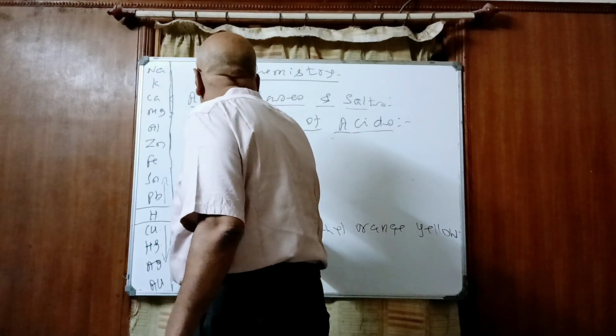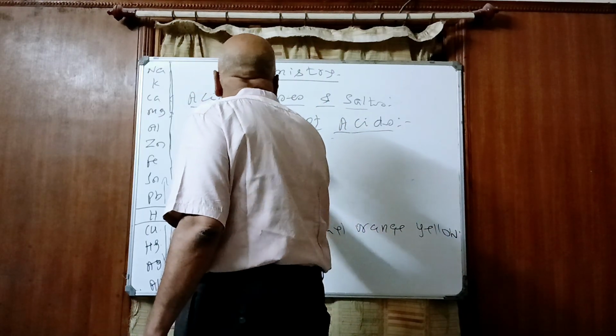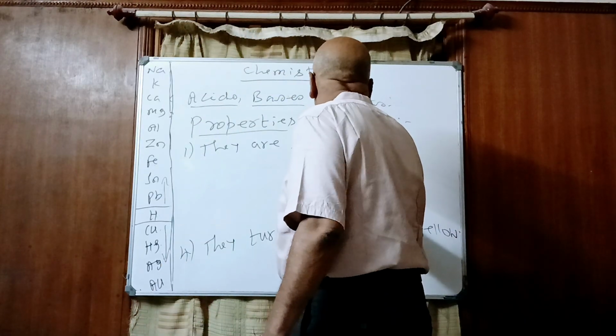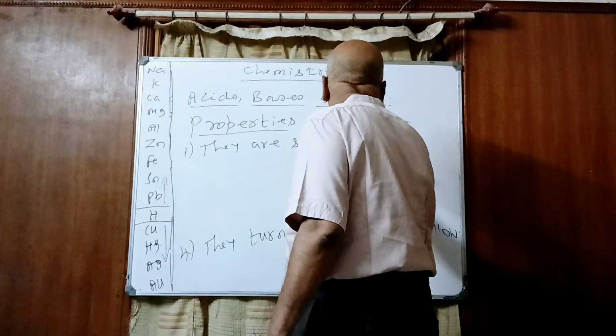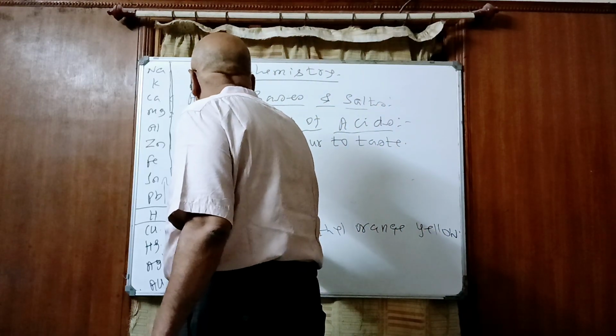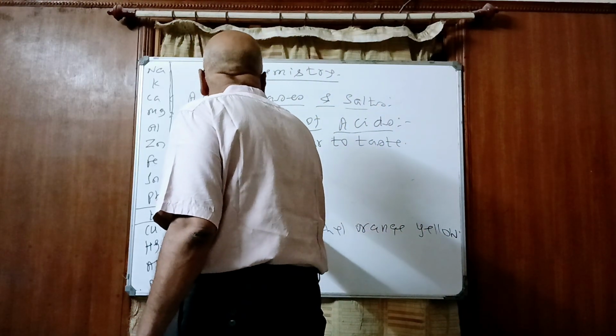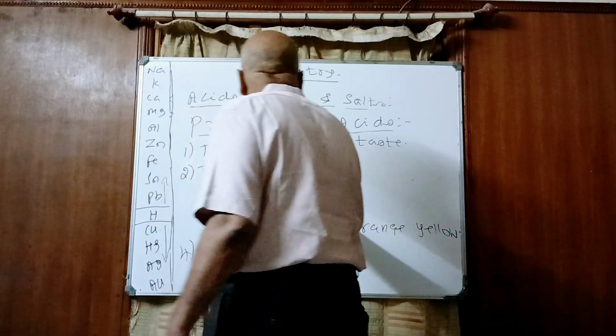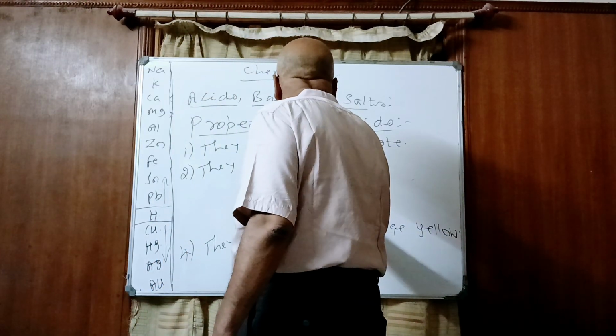What is the first point? Acids are sour to taste, or sour in taste. They turn blue litmus paper red.